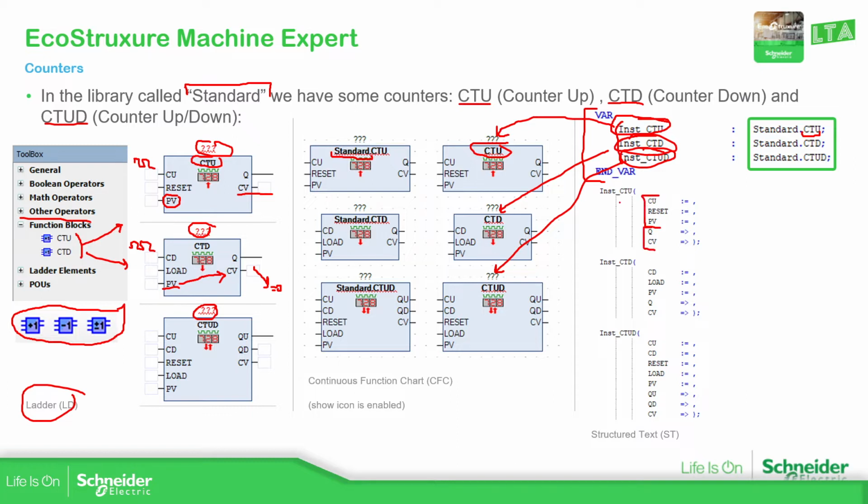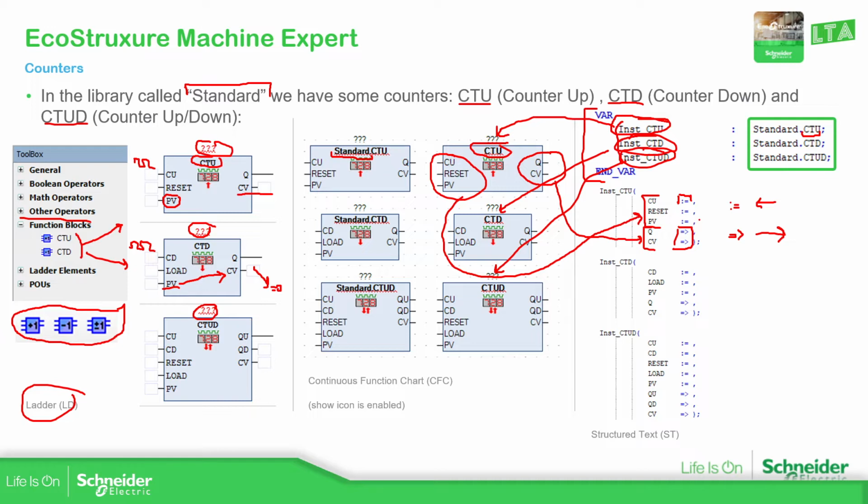For example, CU and the preset are over here, and the output is over here. If you pay attention, the inputs have a different icon: for the inputs of the block we have the colon and an equal sign, and for the outputs we have this sign. This indicates which is an input and which is an output of the block.